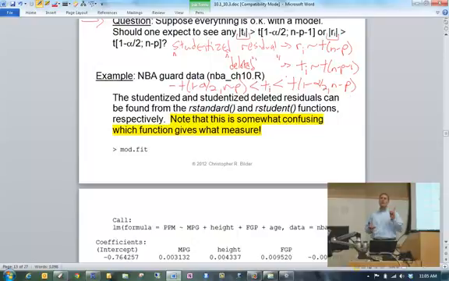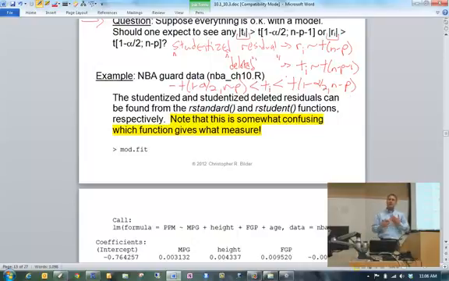Also, if you do have just one observation outside that range, and it's really, really far outside that range, that's another case for you to start worrying. And maybe there's a problem with the model for that observation. So that's how you would work with the studentized residuals. Studentized deleted residuals, basically the same concept. Now you just have the different degrees of freedom.